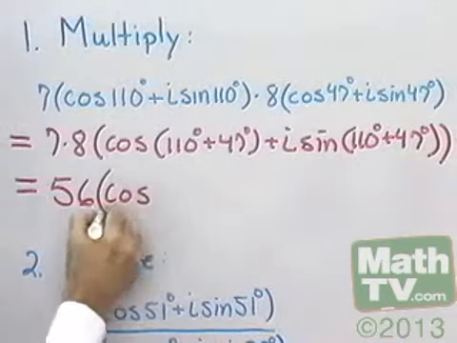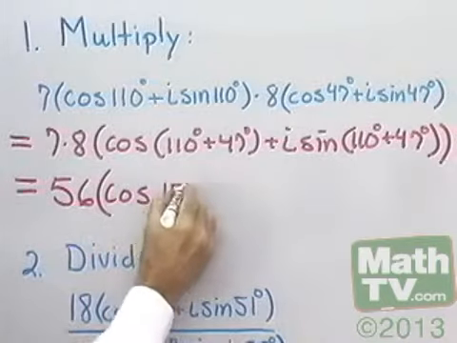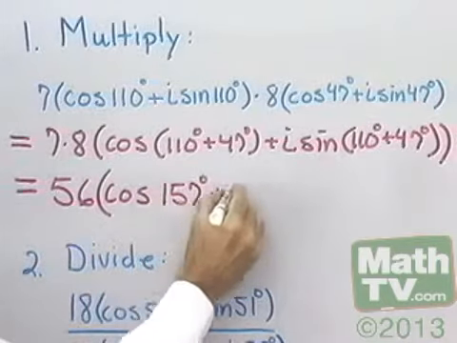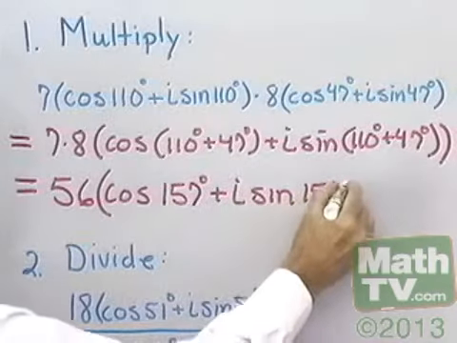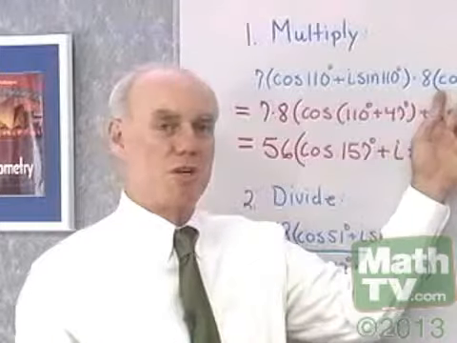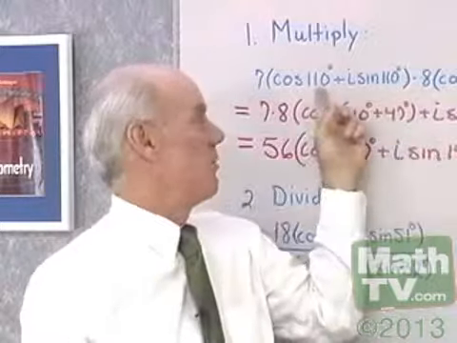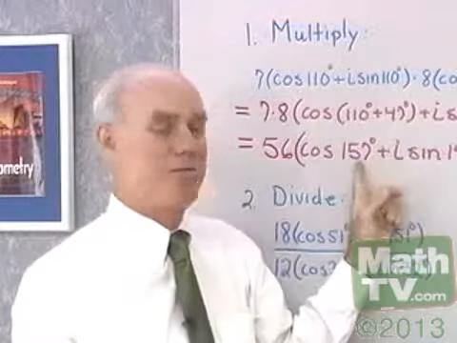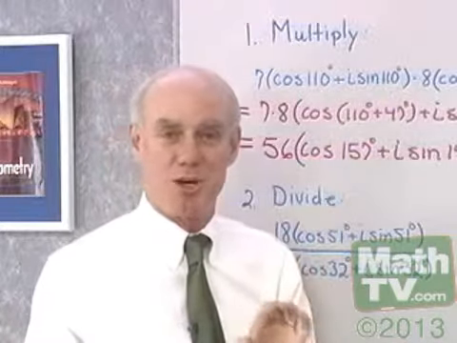Cosine, let me put parentheses in here, 110 plus 47 is 157 degrees plus i sine 157 degrees. So, to multiply two complex numbers in trigonometric form, we multiply their absolute values and we add the angles. So 110 plus 47 is 157, and 7 times 8 is 56. Real nice, easy way to multiply numbers.